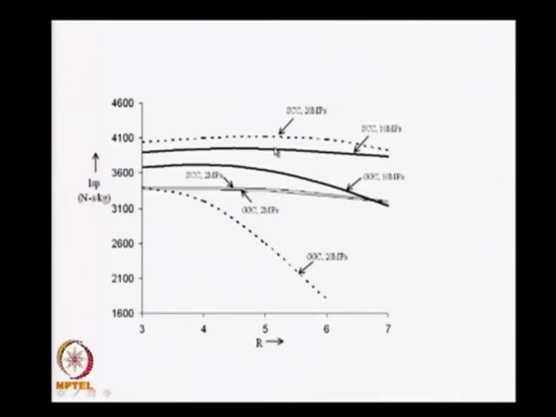Please remember that the x axis in this graph represents the overall mixture ratio R, and as R increases, the quantity of the oxidizer increases. Since we are in an oxidizer rich region, there is a fall in pressure as the mixture ratio increases.